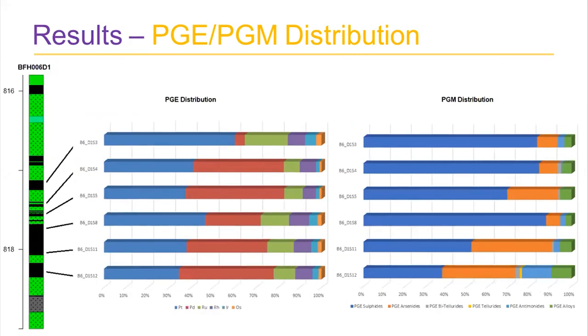In the multiple split reef, the palladium increased a bit, but platinum is still higher than the palladium. The arsenide also increased in composition compared to the normal reef. However, the PGE sulfides are still dominant.